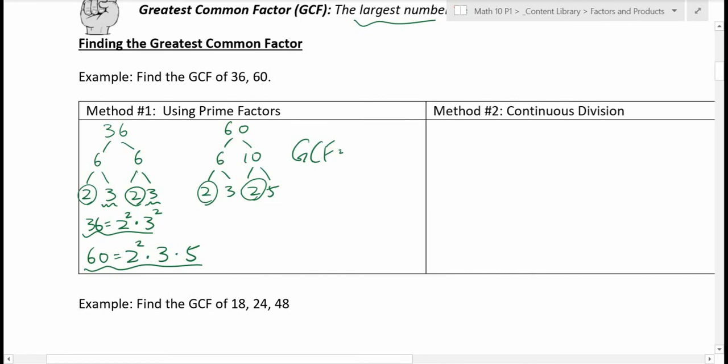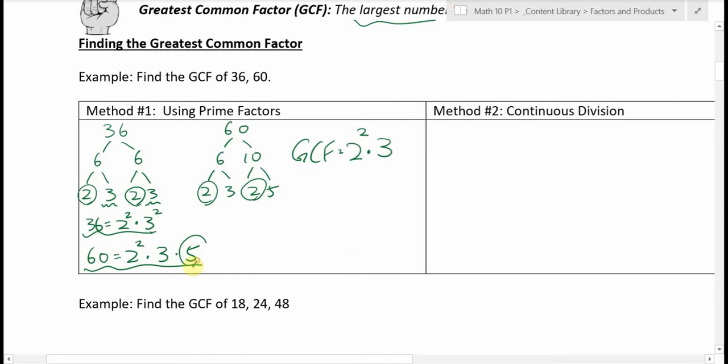For 36, there's 2 squared. In 60, there's also 2 squared. So the greatest common factor is going to be 2 squared times, well, in 36 there is also 3 squared, but in 60 there is only one 3. So what they have in common is one single 3, not two 3's, just 1.